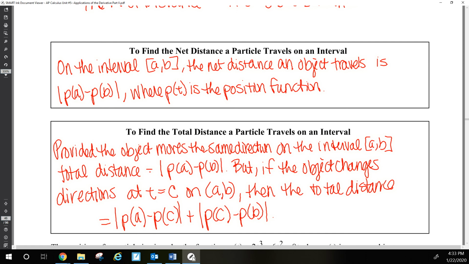We've got a couple of examples to calculate net distance versus total distance, and that'll be on the next video, number 3.